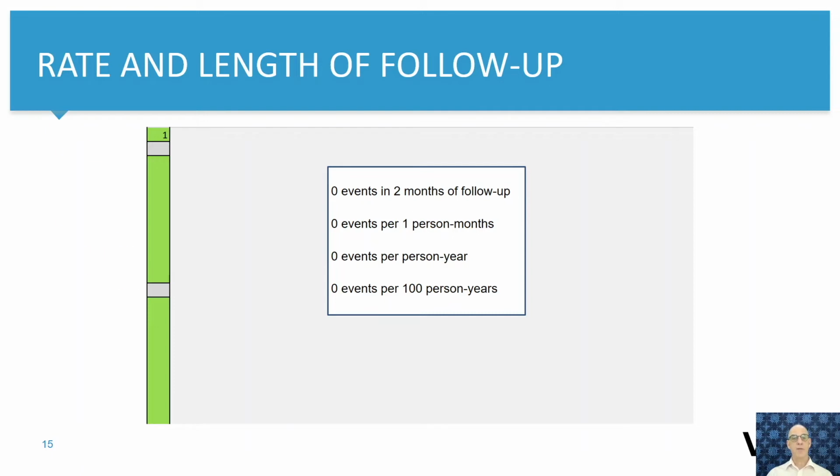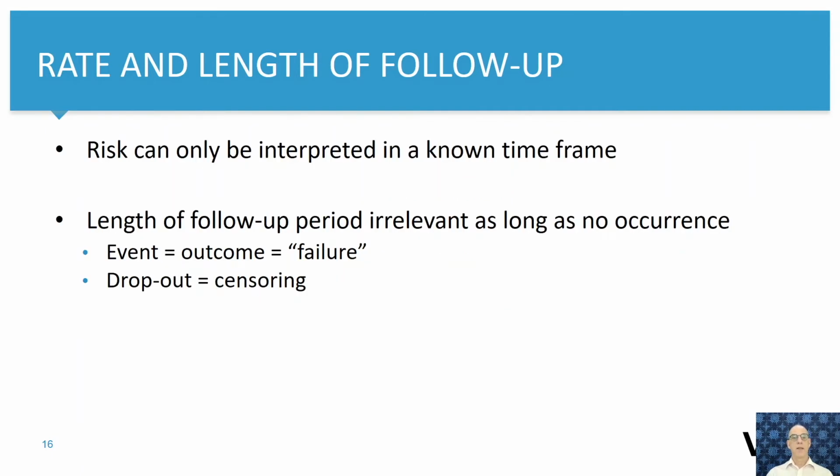So from here it follows that, 1, the risk can only be interpreted if you know the time frame, but also that the length of follow-up period becomes irrelevant as long as there is no occurrence. It didn't matter when I followed up 1 month or 6 months, the rate remained 0.